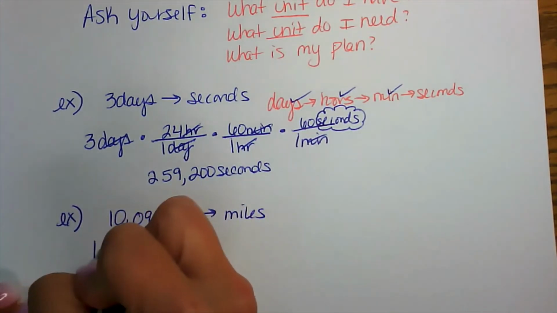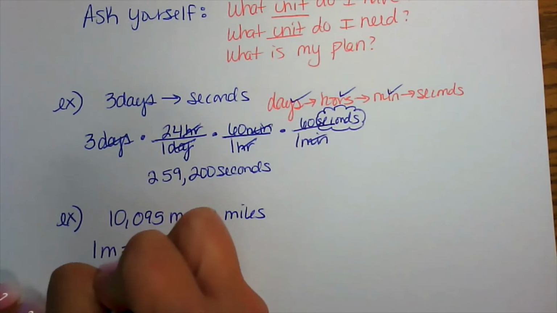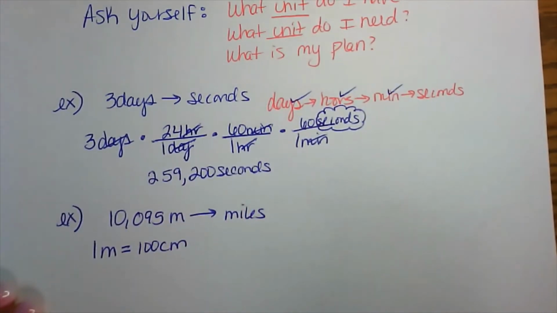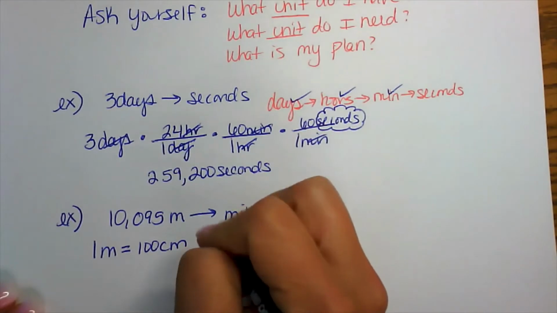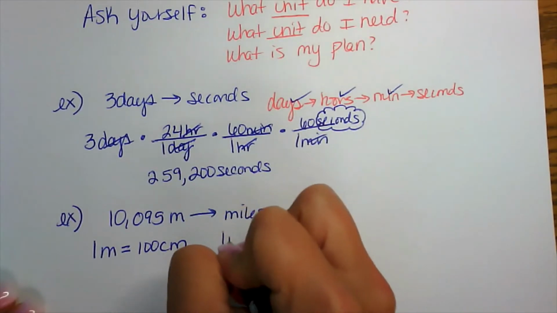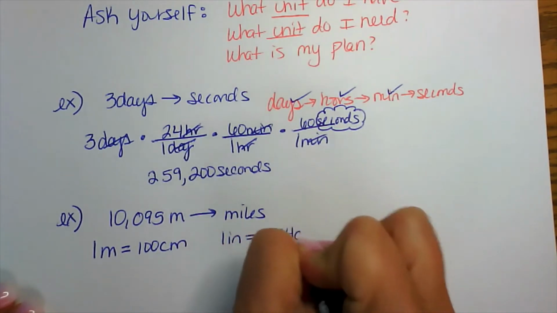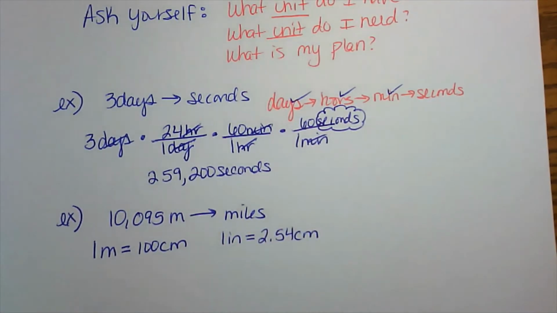One important connection is that 1 meter is equal to 100 centimeters. Another one I'll be using in this example is that 1 inch is equal to 2.54 centimeters. Again, this will be given to you. You will not be expected to memorize that.